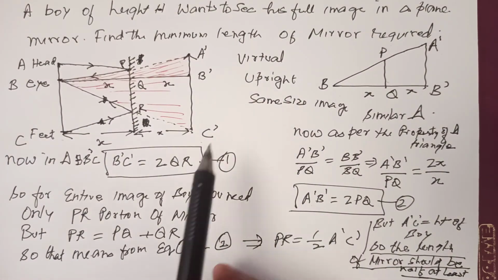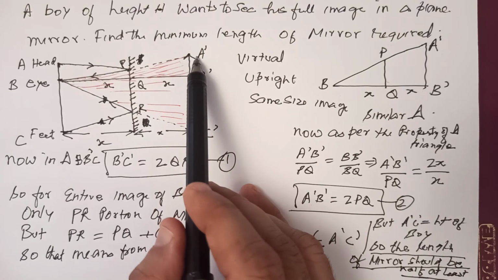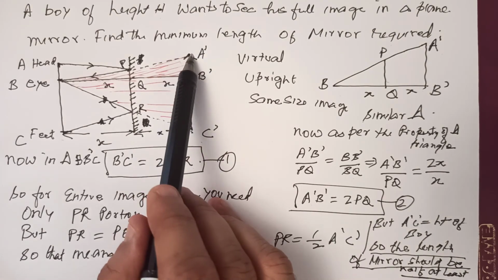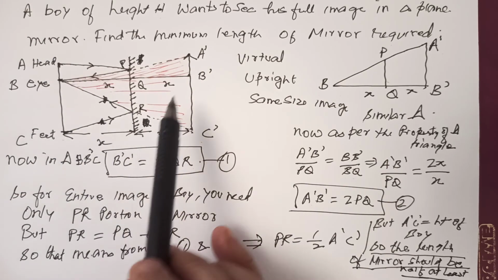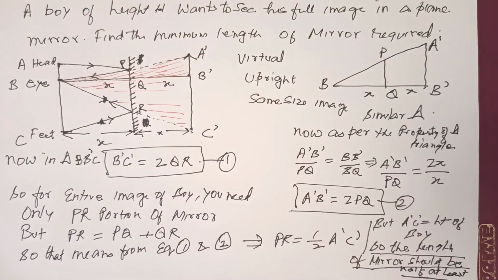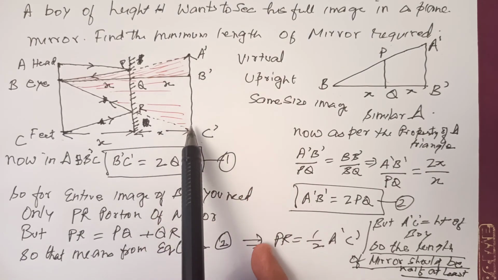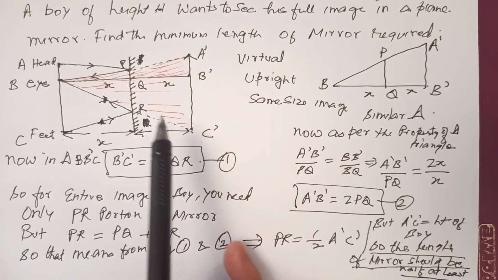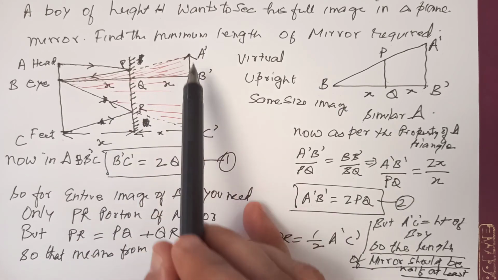So if I club equations number 1 and 2, then PR is equal to 1/2 of A dash C dash, where A dash is the image of A and C dash is the image of C. AC is the height of the boy and this is also the height of the boy. So for getting the entire image from A dash to C dash, we just need the PR portion of the mirror, which is half of this.